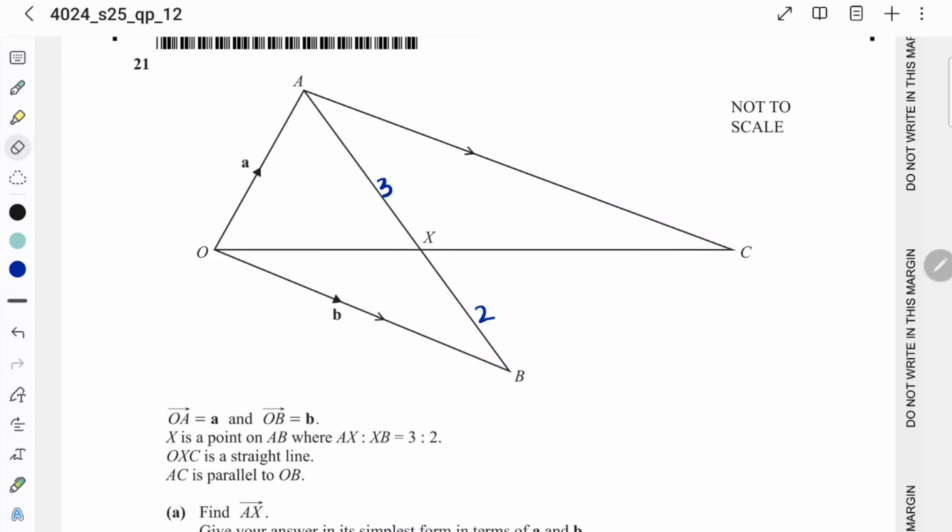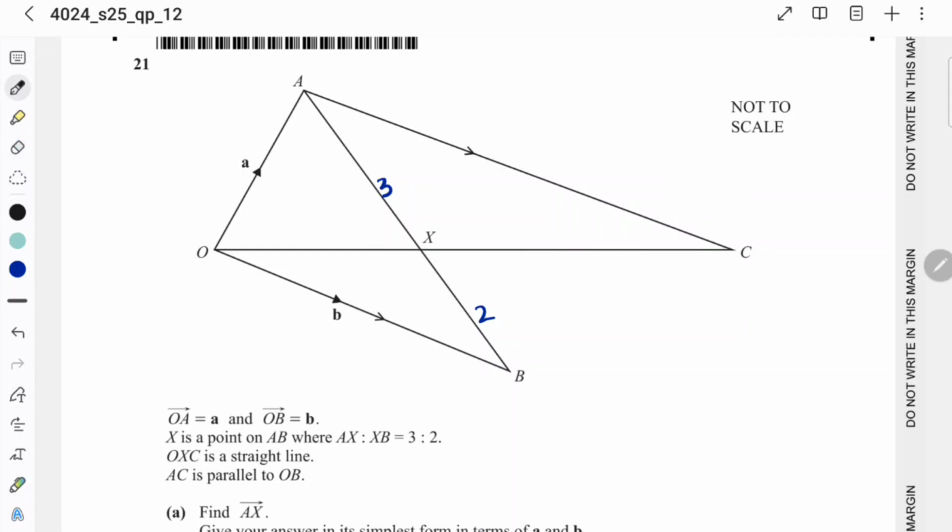Okay, so now it is given OXC is a straight line, AC is parallel to OB. Whatever they give you has some reason. So parallel lines mean these two triangles are similar. The ratio of these two sides and the ratio of these two sides will be equal.